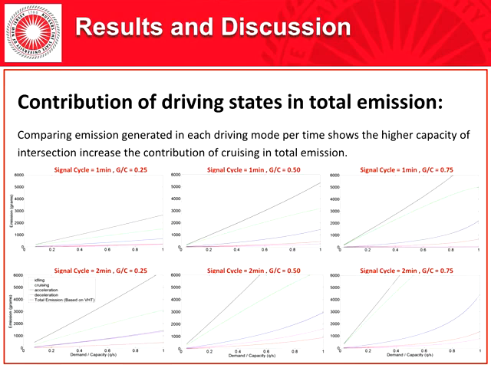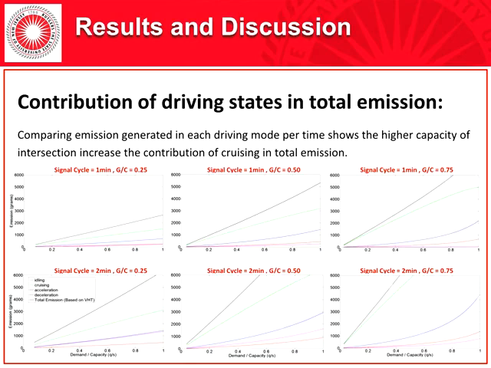So here you can see the contribution of each driving state in total emission. Comparison of total emission generated by each driving state shows that a higher saturation ratio, which is arrival flow to capacity, increases the contribution of emission of idling and stops, which is the summation of acceleration and deceleration, and decreases the contribution of cruising.